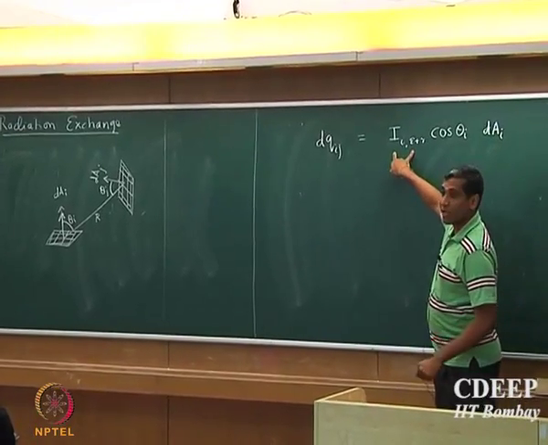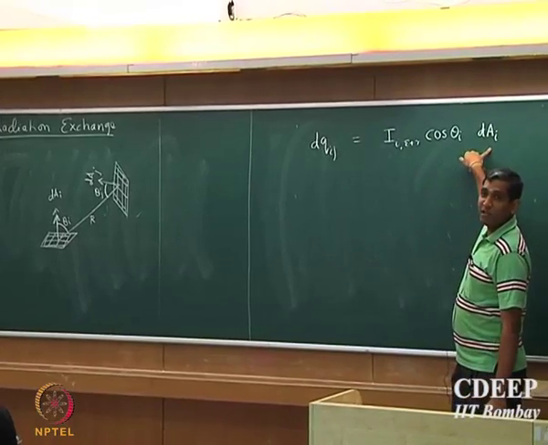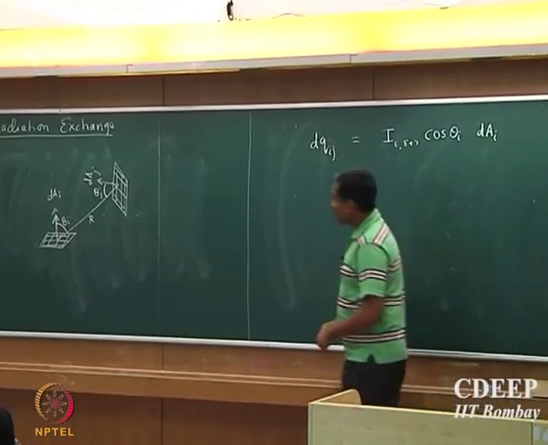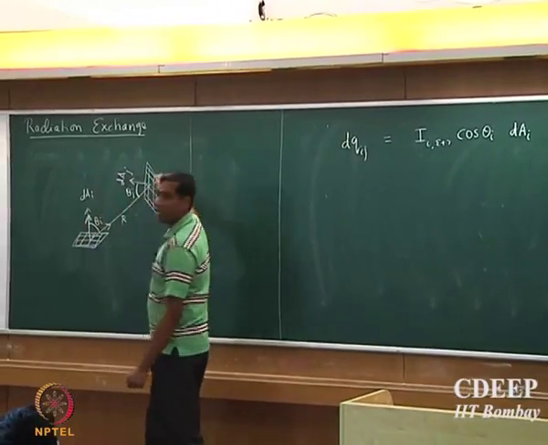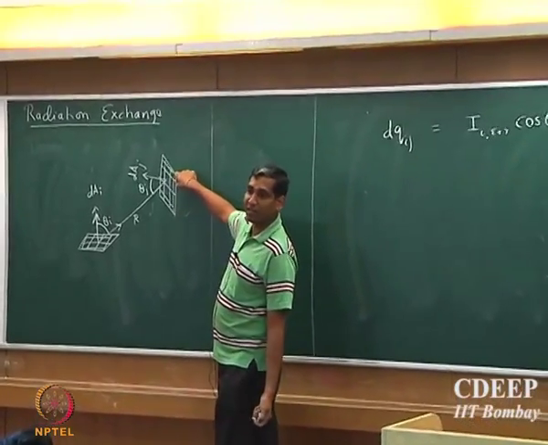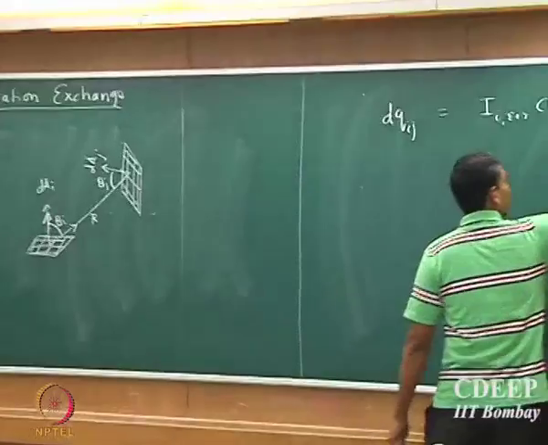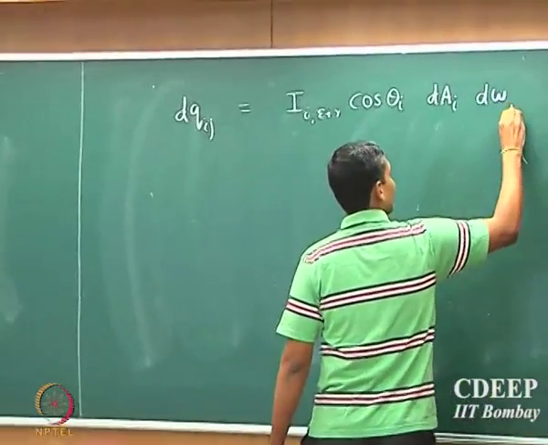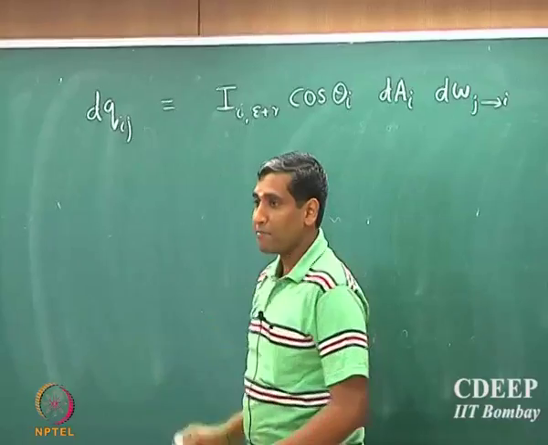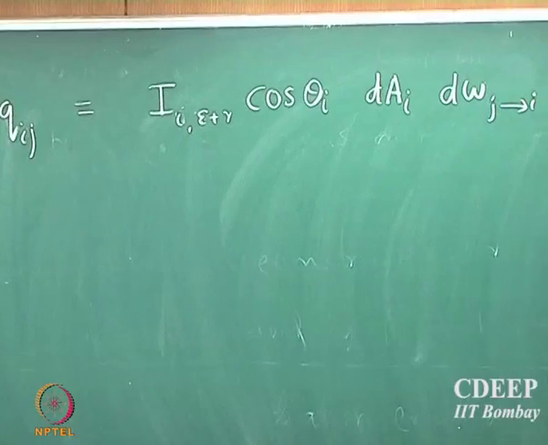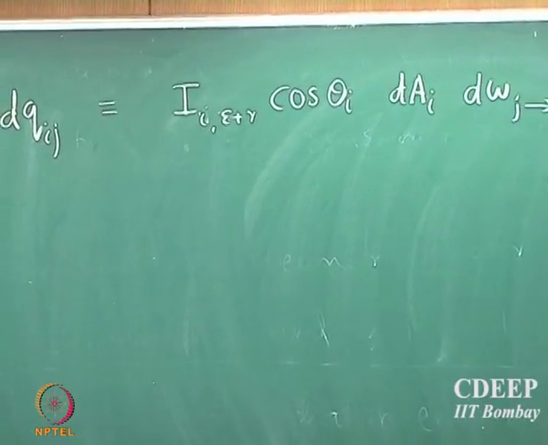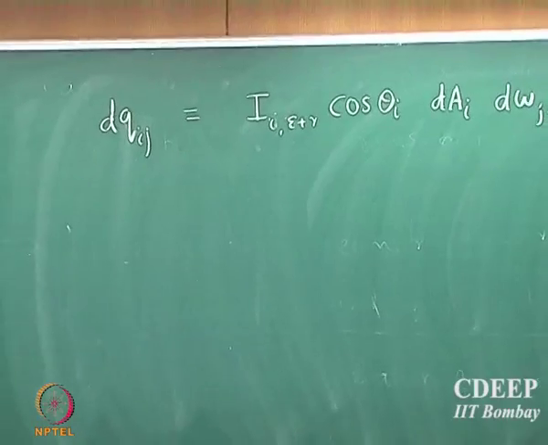Note that this is flux, so multiplied by dAi it will give you the rate at which the radiation is leaving this surface in the direction in which it is pointing to the second surface, multiplied by the corresponding solid angle. That will tell you the amount of radiation that is intercepted by this surface.